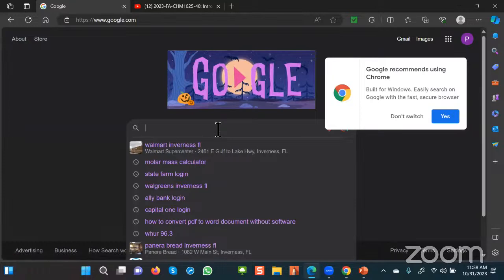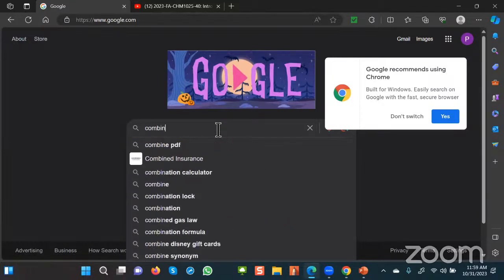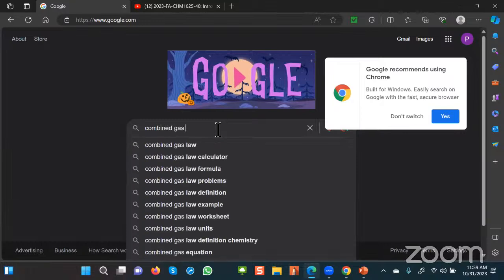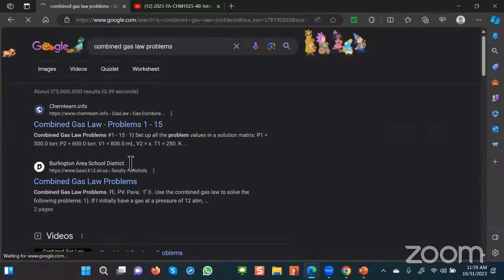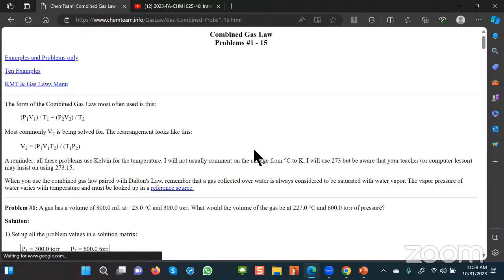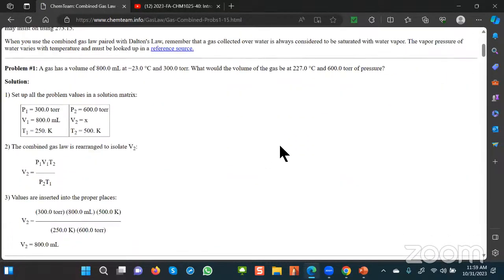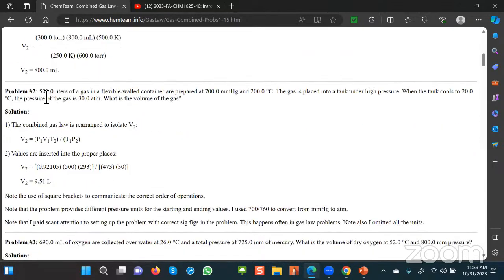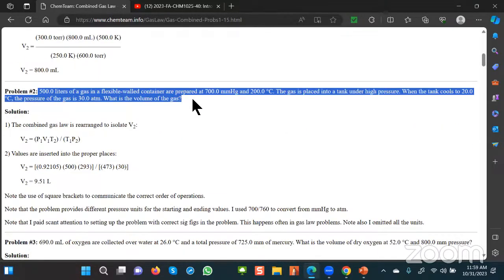Combined gas law problems. I'm just going to arbitrarily choose one. Okay, let's see here. Okay, let me just copy and paste this one into Word.